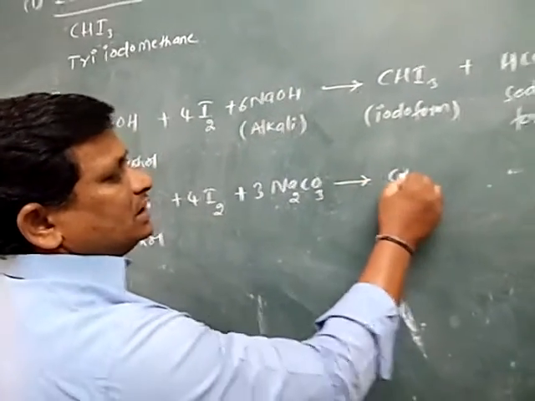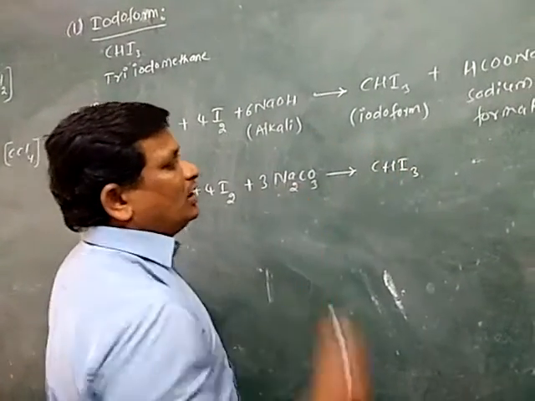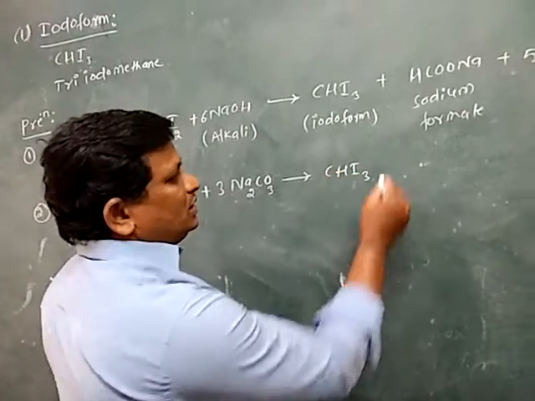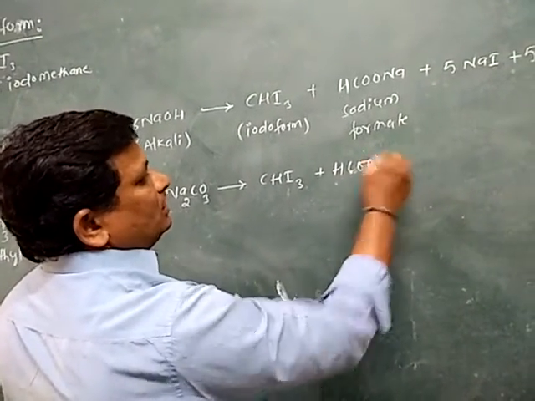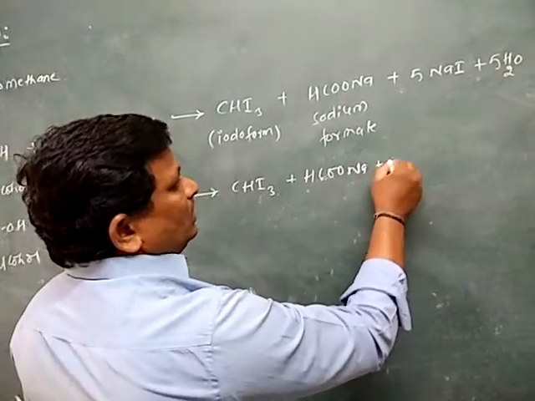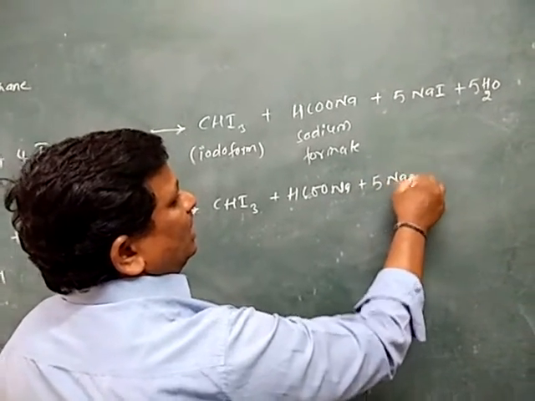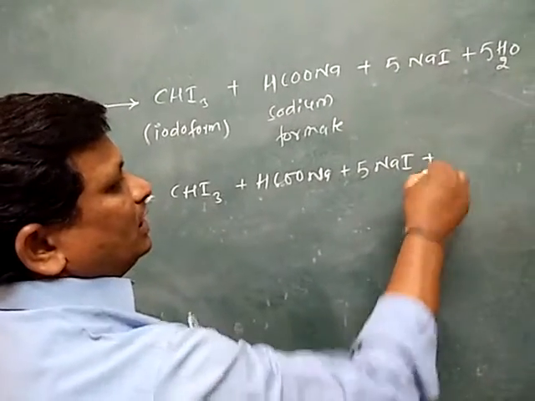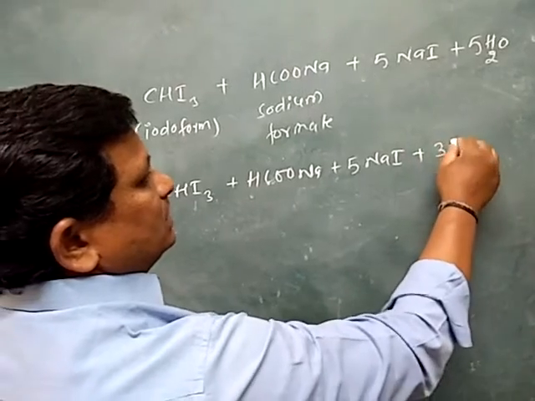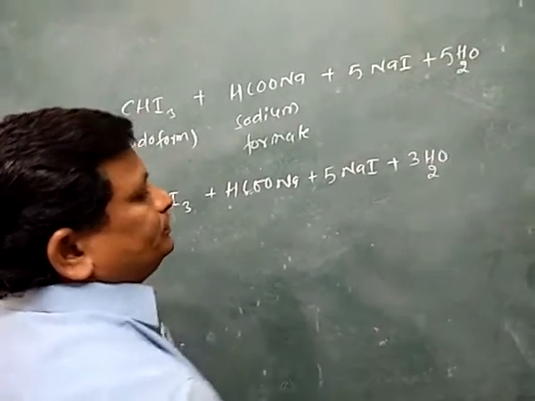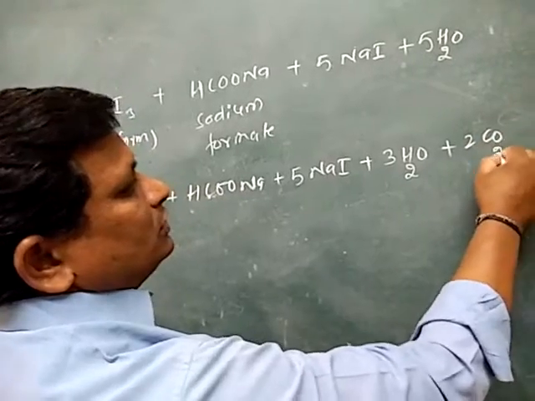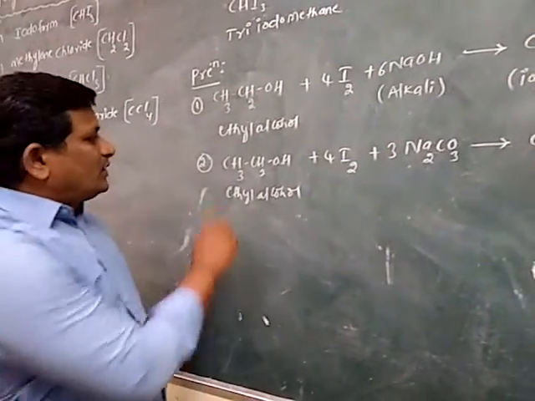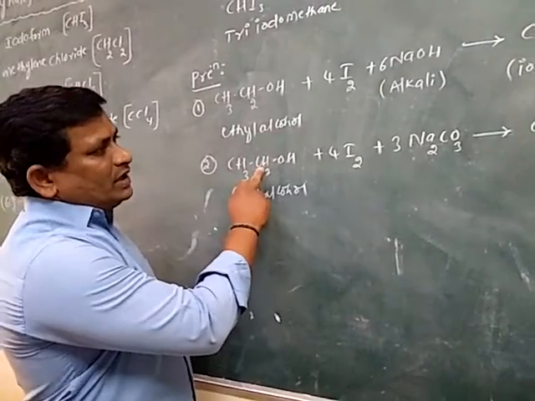Then it gives the same compound, iodoform CHI3, plus HCOONa plus 5NaI plus 3H2O plus 2CO2.